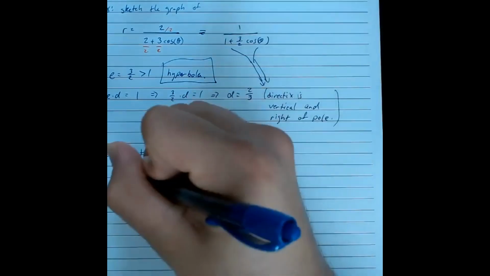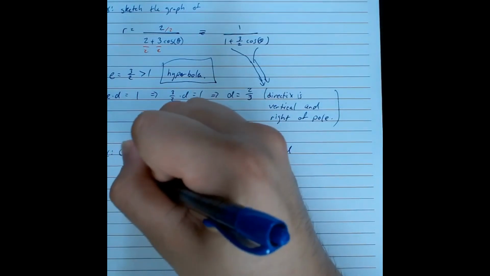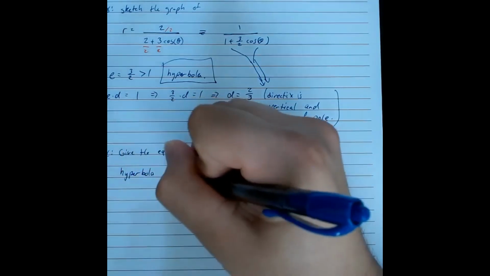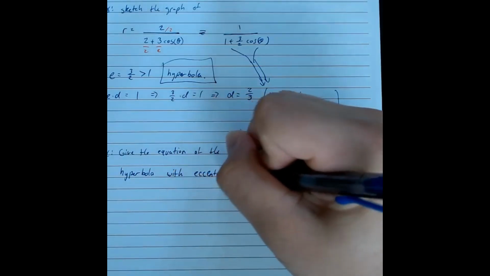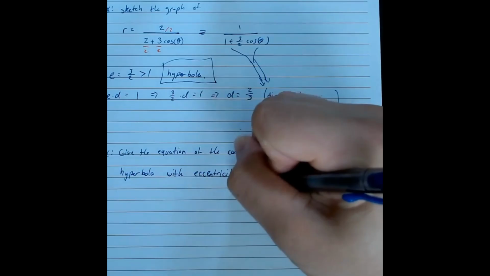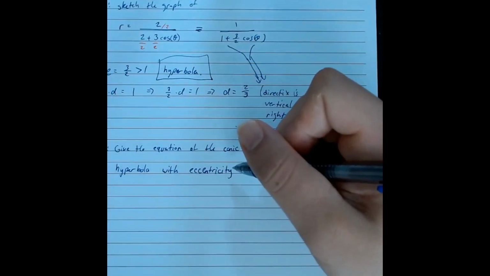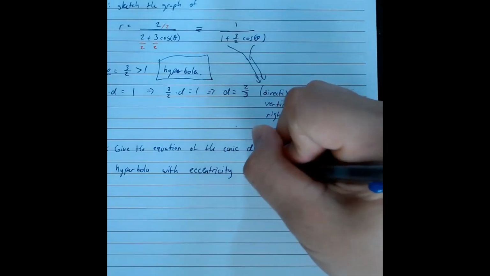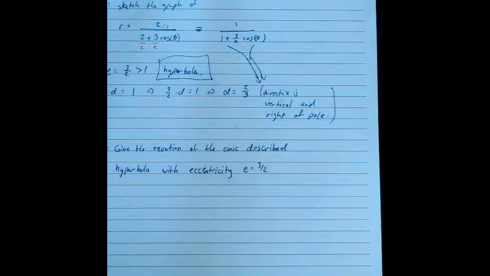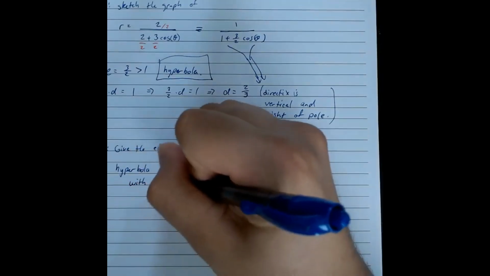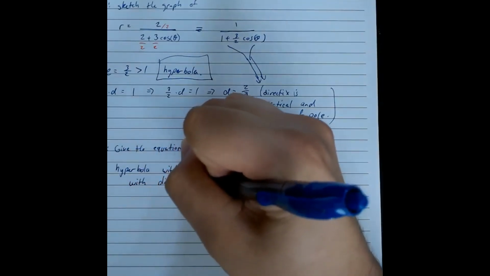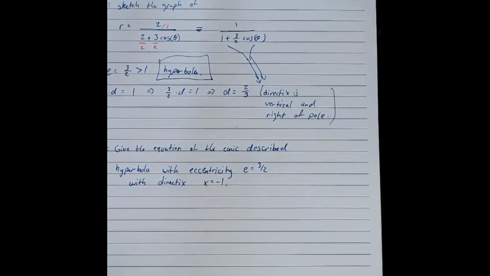Okay, let's take a hyperbola with eccentricity 3/2, and whose directrix is the line x equals -1. Okay. This actually gives us everything that we need.